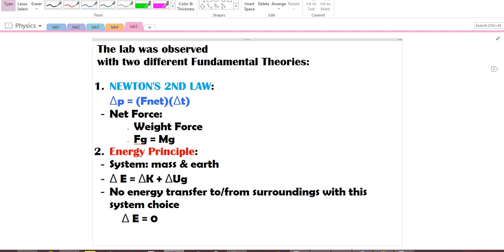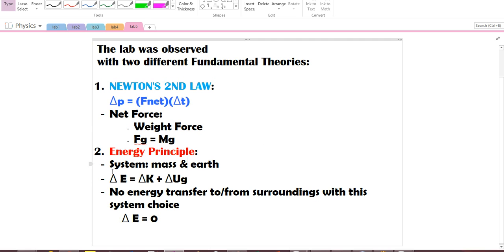in negative x, further into the negative x than its initial position. The lab will be focused on two different fundamental theories: one, Newton's second law, and two, the energy principle. Newton's second law states that changing momentum equals net force times changing time, where the net force is the weight force. And for the energy principle, the system is mass and Earth.